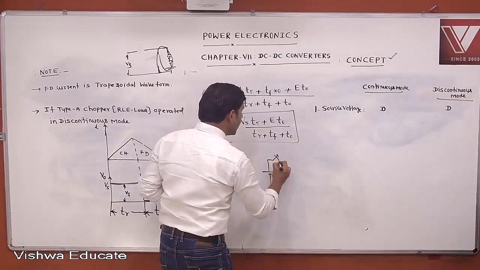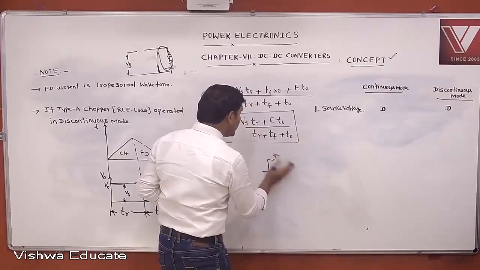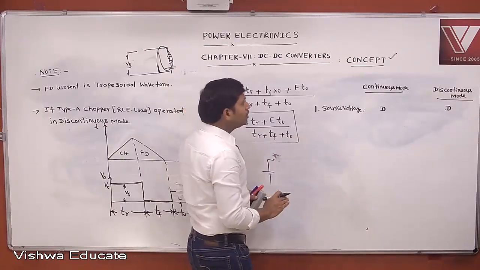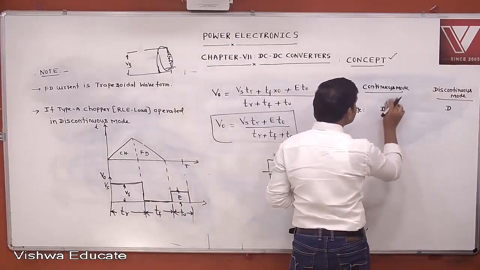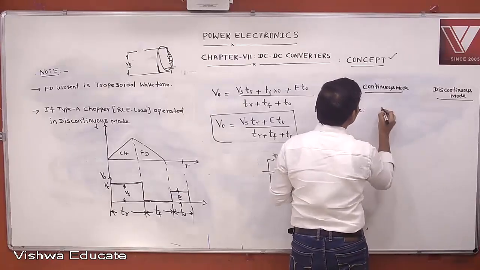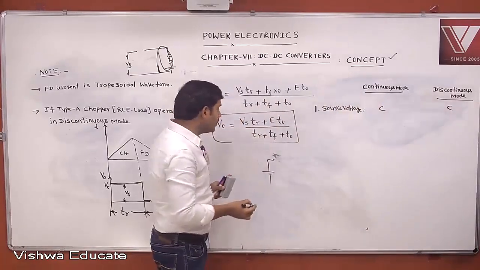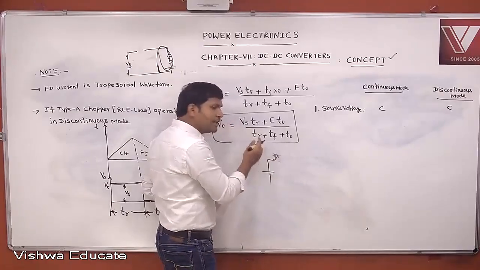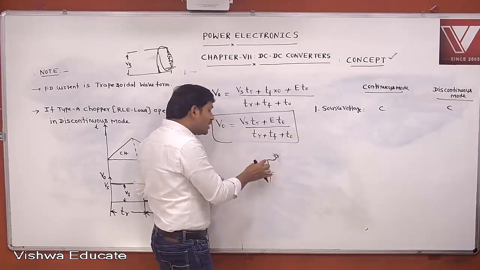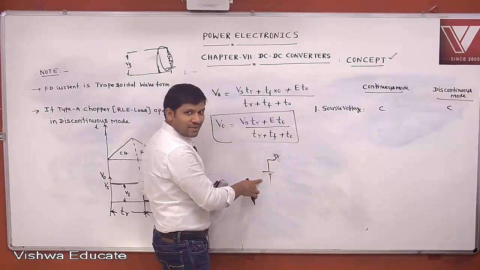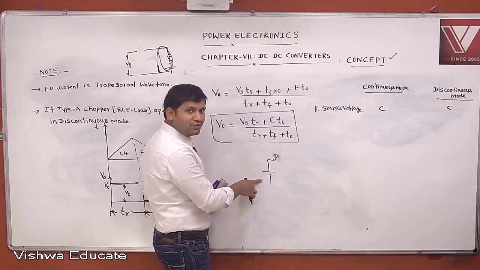If the chopper is on, source is connected. If the chopper is off, disconnected. That's why, sorry, source voltage is always continuous. Because whether the chopper is on or off, we are not switching on or switching off the supply.